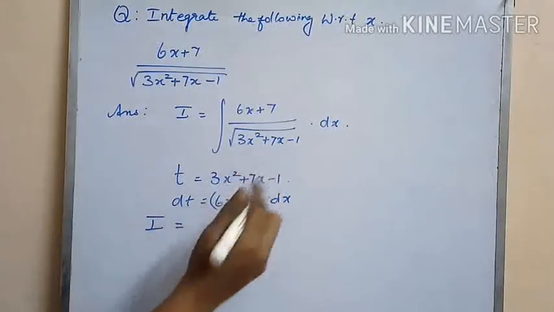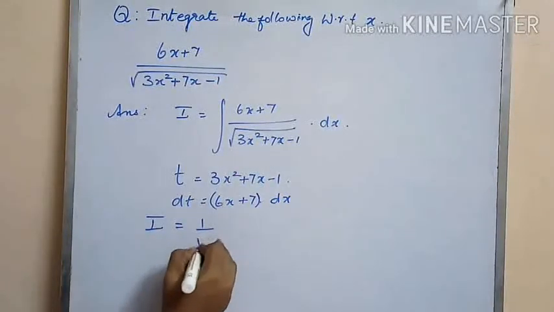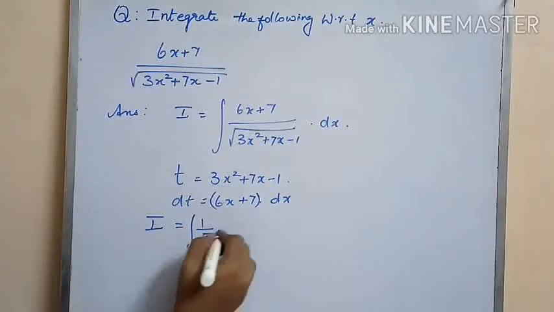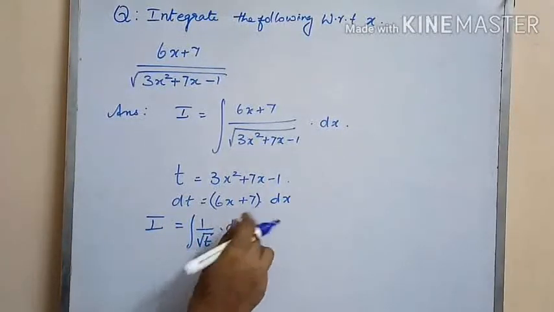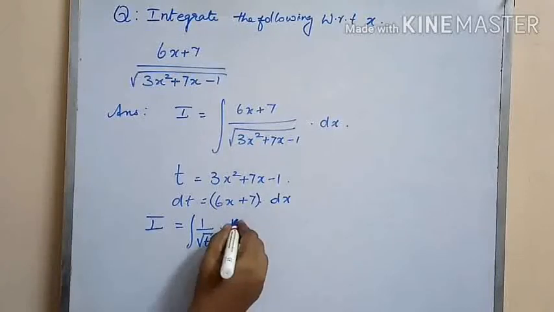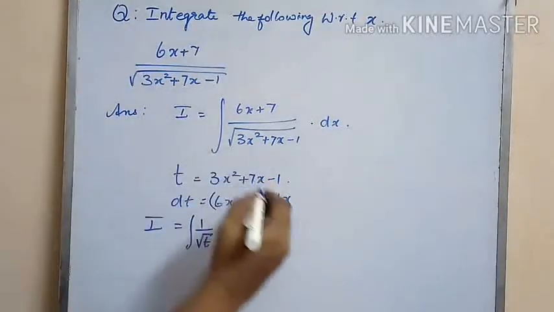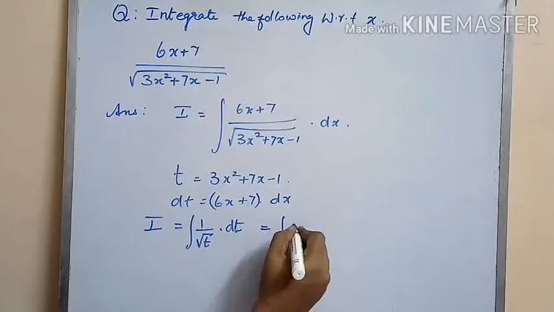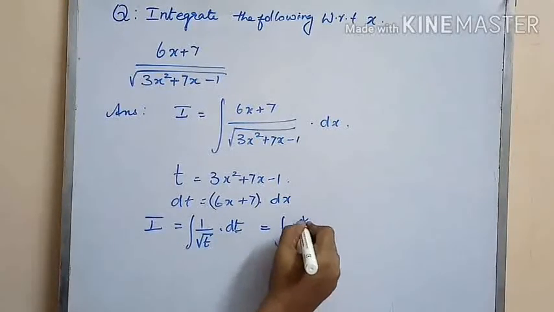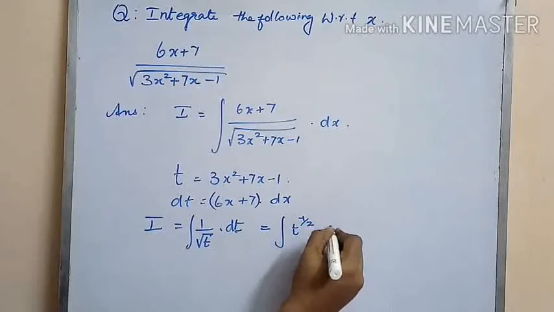I is equal to the integral of, substituting the values, 1 by root t dt, which can be rewritten as t^(−1/2) dt.